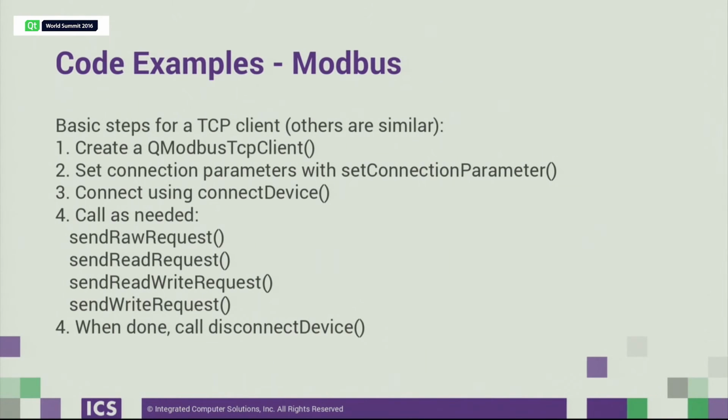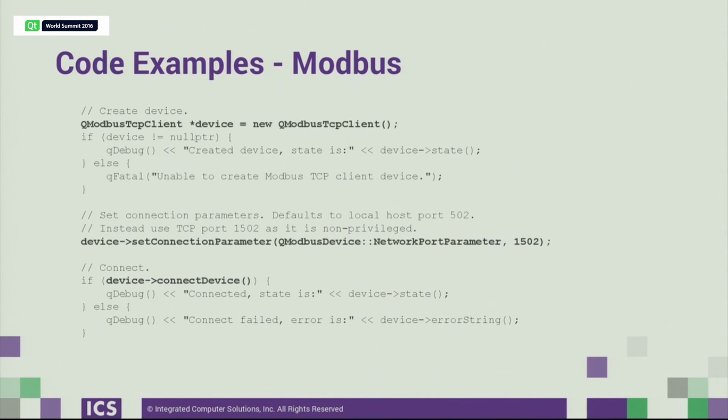Once you've got a connection, you can start sending requests out for the different types of units that are supported by your hardware. You may be sending requests to read or write or both for various devices. And then when you're done, you can call disconnectDevice. So that's a sketch at a high level of what you need to do.